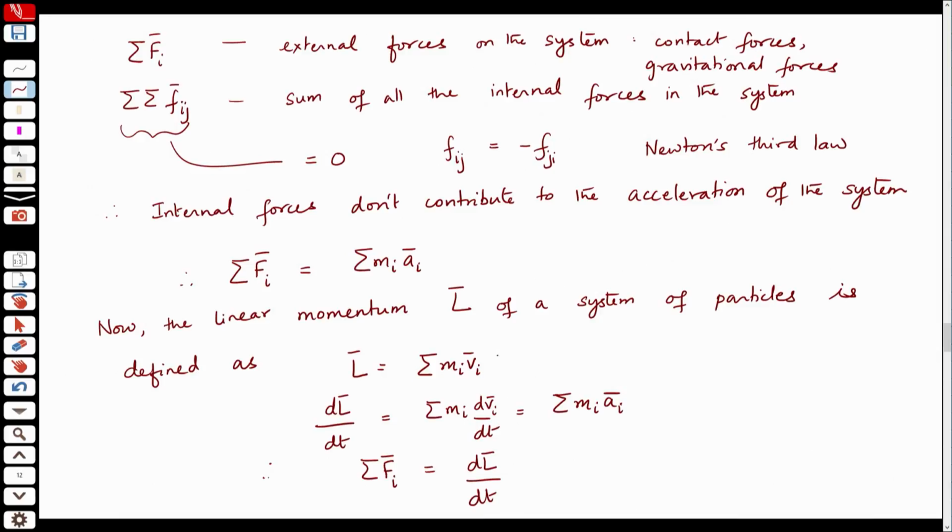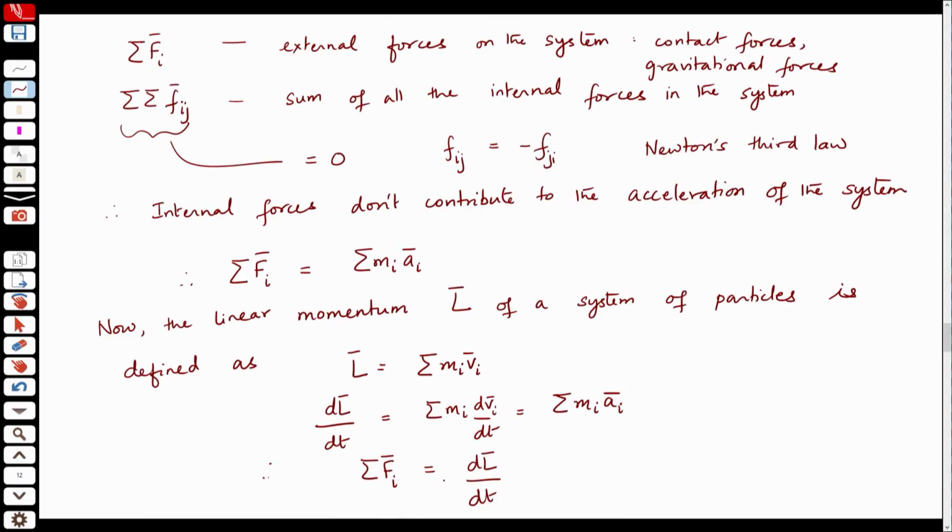So, if a body is at rest or moving with a constant velocity, then its momentum does not change, momentum is conserved, and that is the case where you have sigma Fi equal to 0. That is the statics situation that we looked at.